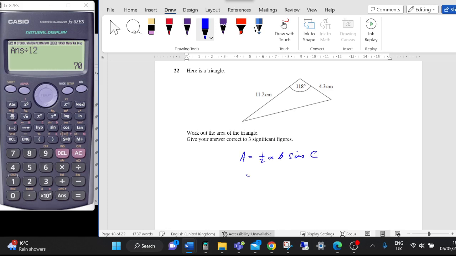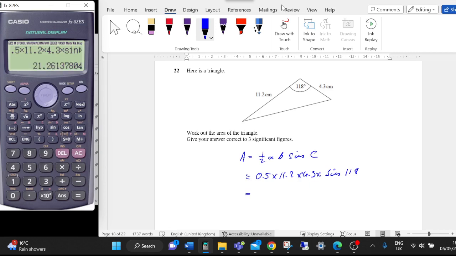All right. I'm just going to carry on through them. So we're looking at 0.5 times 11.2 times 4.3 times sine of 118. I've missed my decimal out, so 0.5 times 11.2 times 4.3 times sine of 118.